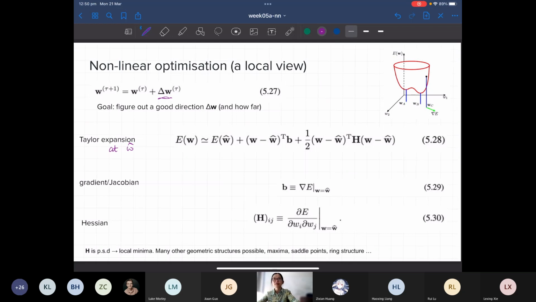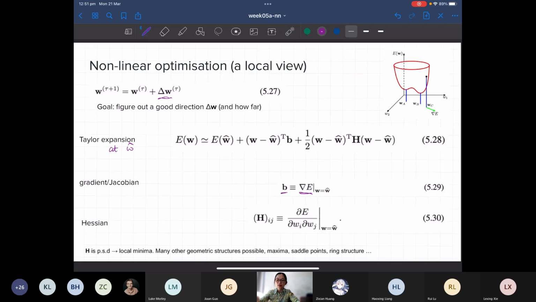In vector terms, it's the difference between W and W hat, transpose, times the Hessian matrix. The first-order term B is simply the gradient of the error function. I don't think we have exactly examined Taylor expansion in this class, but generalizing from what you saw in Calculus 101, this is the vector version.